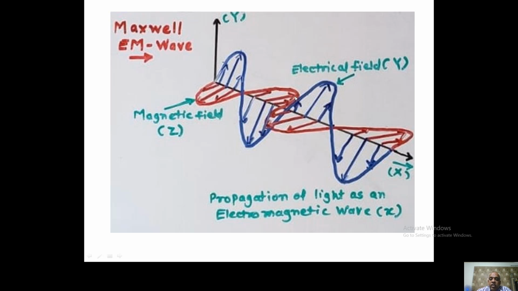This is the magnetic field and this is the electrical field. That means the electrical field vector and magnetic field vector are both perpendicular to each other and perpendicular to the propagation of light. This is the nature of electromagnetic waves.